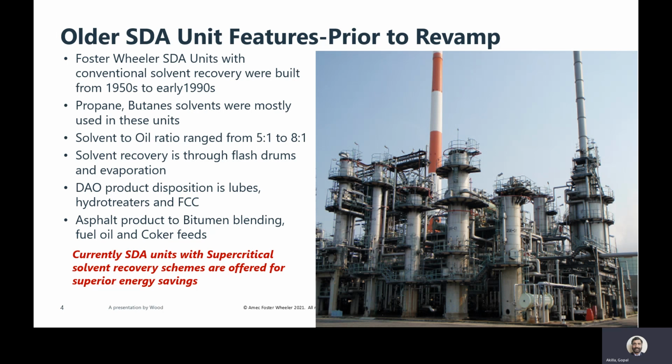Solvent-to-oil ratio ranged from 5:1 to 8:1. Solvent recovery is through flash drums and evaporation. DO product disposition is lubes, hydrotreaters, and FCC. Asphalt product is sent to bitumen blending, fuel oil, and also as coker feeds.